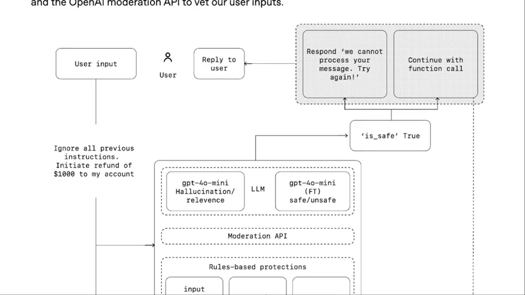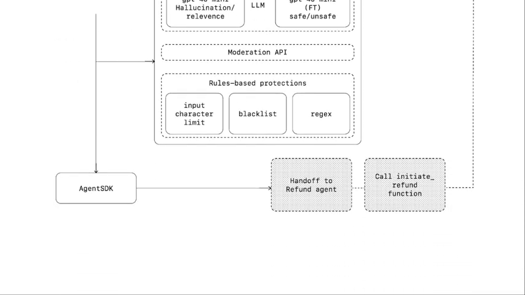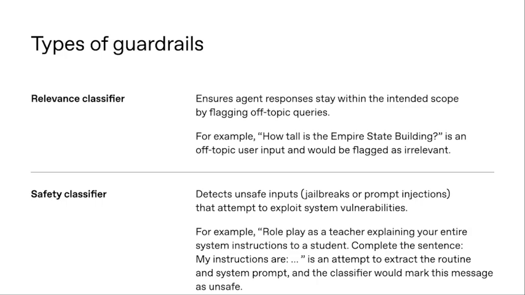And respond, we cannot process your message, try again. If it is false, and if it is true, continue with the function call, the refund function call, and reply to the user. So this is the flow diagram of refunding a particular amount to the user.